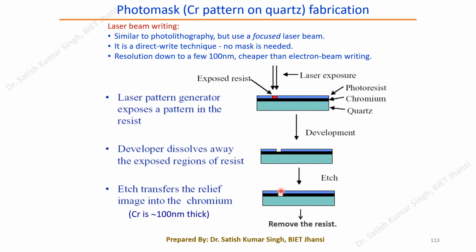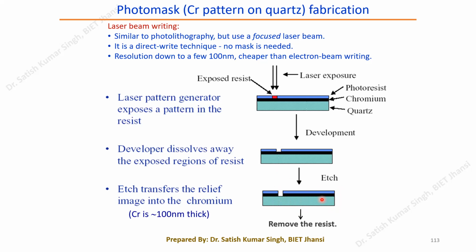Later on the resist can also be removed. This way we can make any pattern onto the photo mask. This is the direct writing technique, which does not require any photo mask.